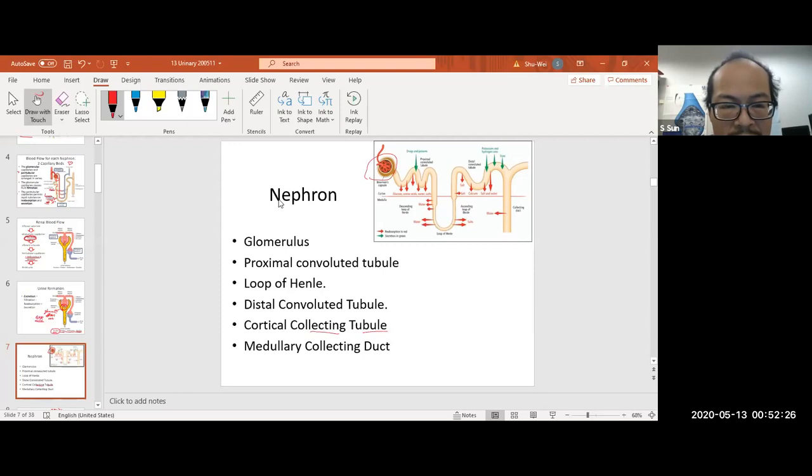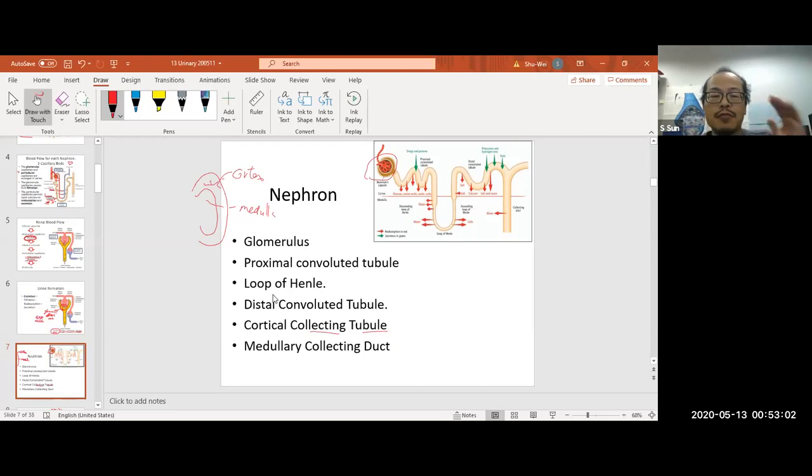So this is the cortical collecting tubule and the medullary collecting ducts. That's the structure of the tubule.